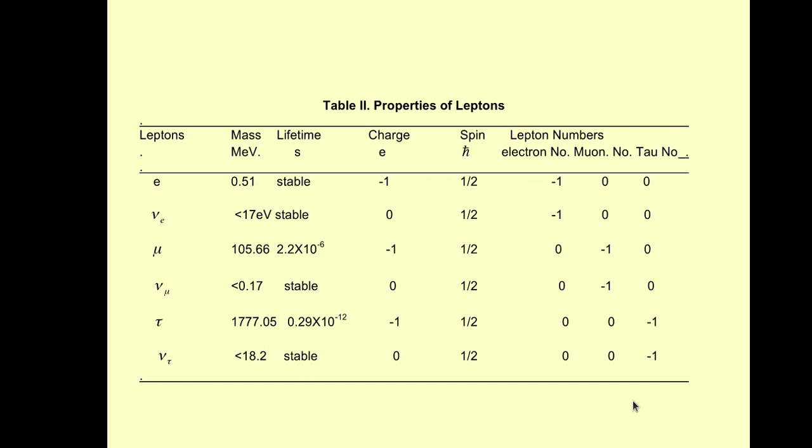I have mentioned here stable, stable, stable. You have to be a bit careful about it. The electron is certainly stable to the best of our knowledge. Muon and tau, its charged partners, heavy electrons, are certainly not stable. The muon decays to an electron with a pair of neutrinos.